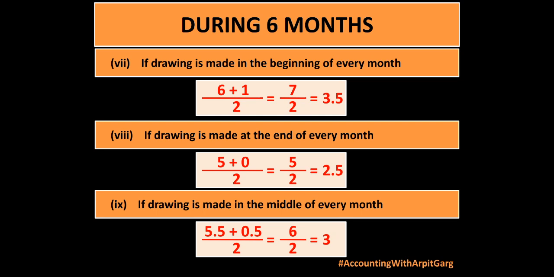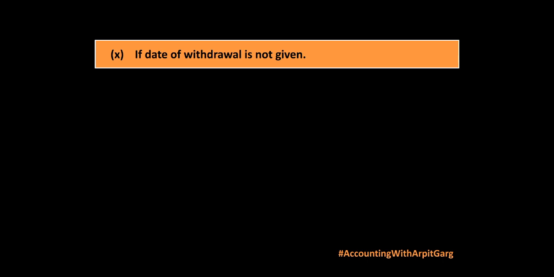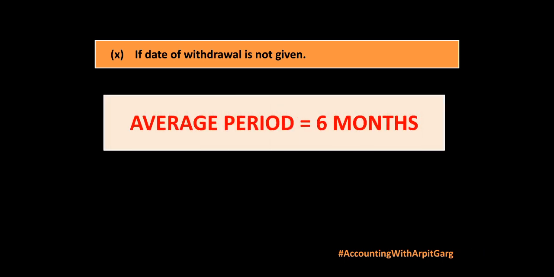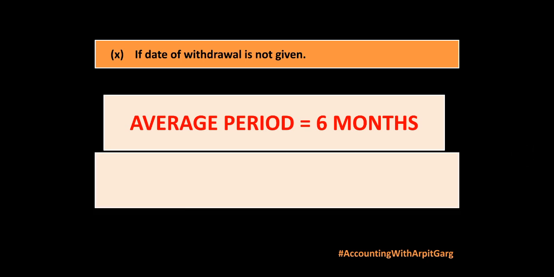Now, in all these cases, time was given to us. But what if time is not given in question? Let's see if date of withdrawal is not given. So here we will take our average period as 6 months. Now once again let's look at our formula of calculating interest on drawing.